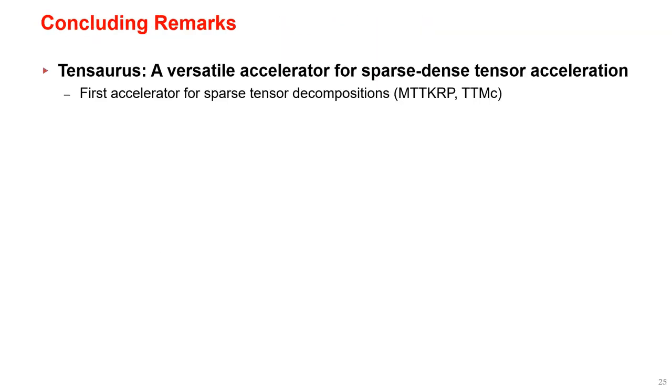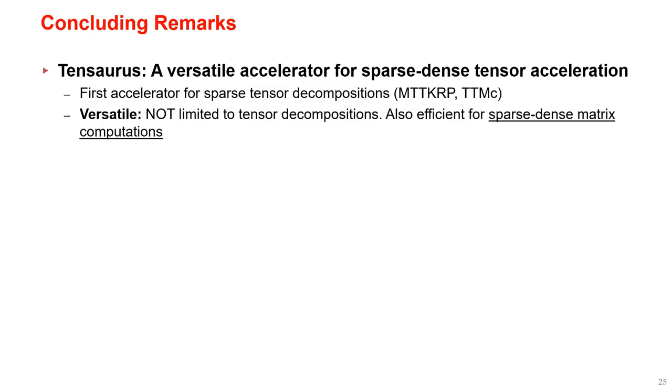Finally, to conclude, in this talk, I presented Tensaurus, which is a versatile accelerator for mixed sparse-dense tensor computations. It is also the first accelerator for sparse tensor computations, like MTTKRP and TTMC. It is versatile as it is not limited to just tensor decompositions, but also accelerates common matrix operations.